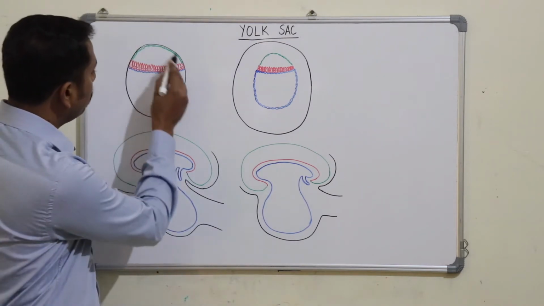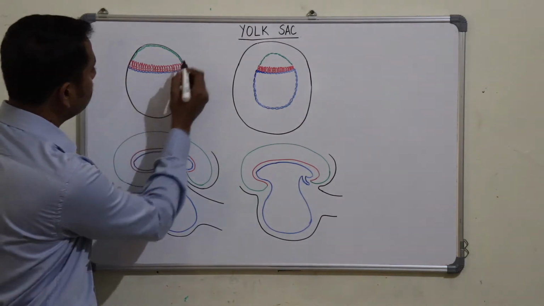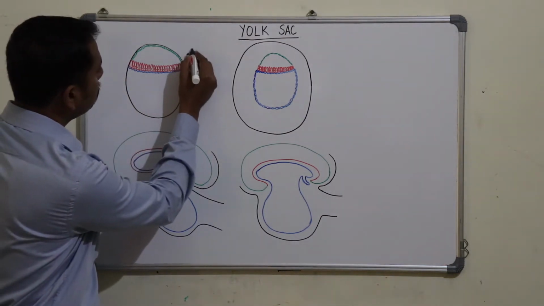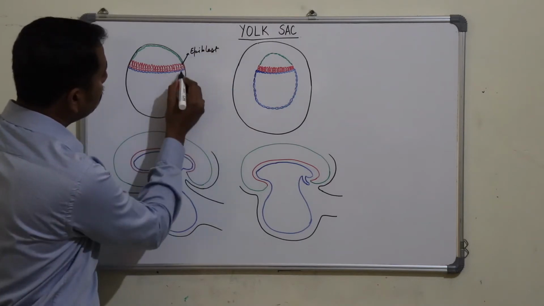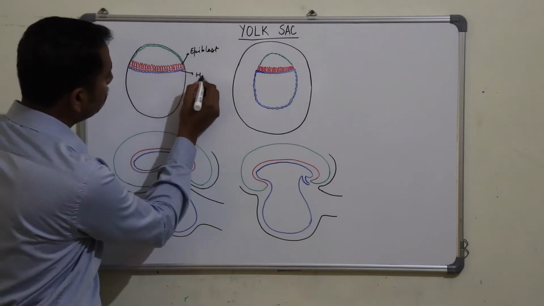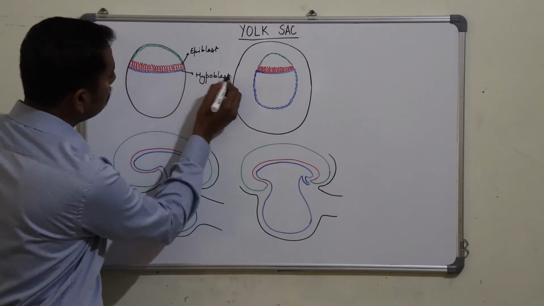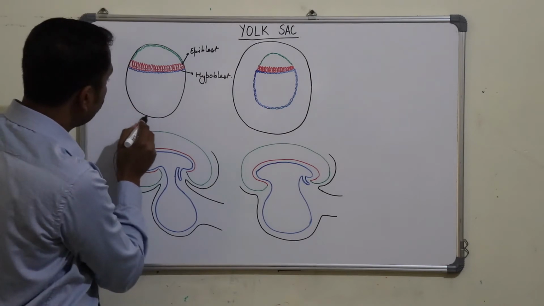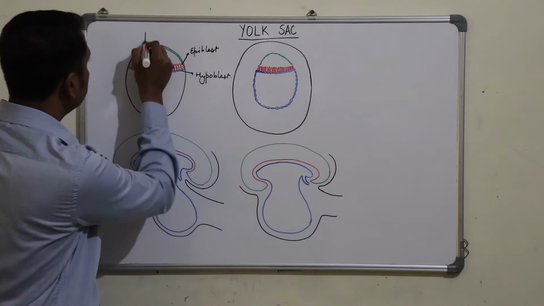In this first diagram, you can see the blastocyst, in which this is the epiblast layer. This is the hypoblast layer. This black line is the trophoblast cell layer which is surrounding this blastocyst.